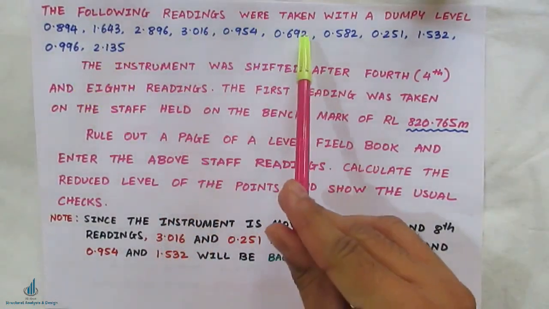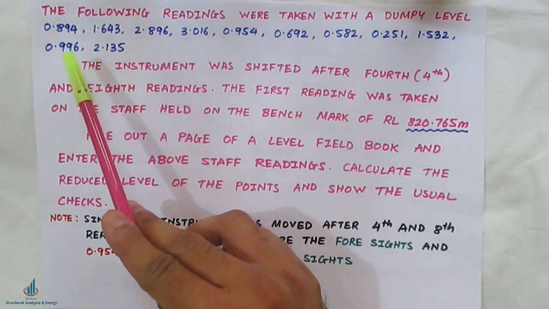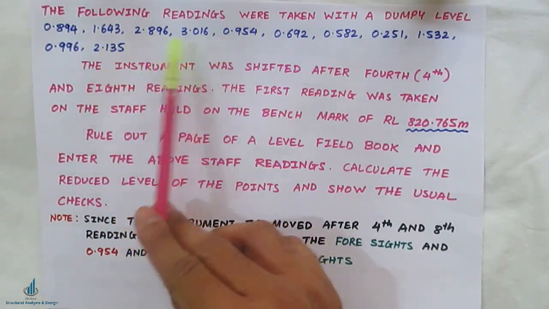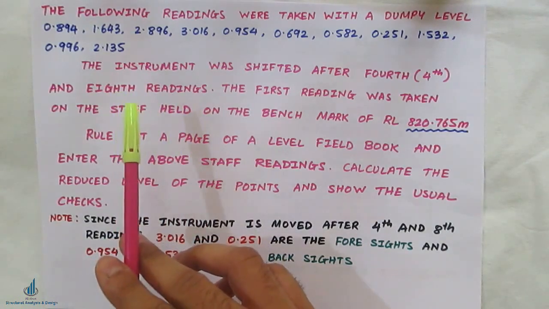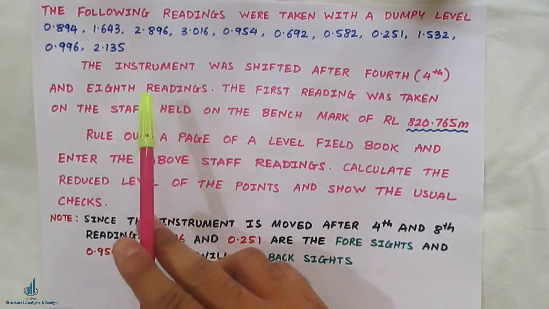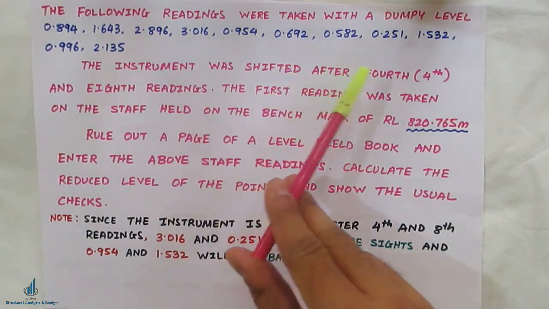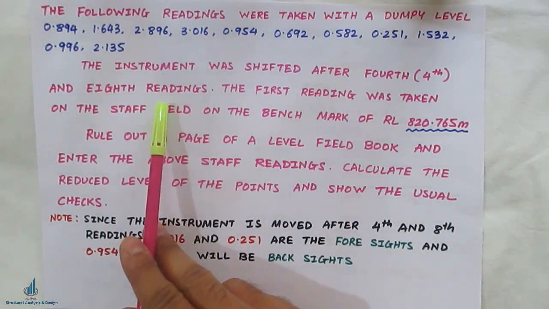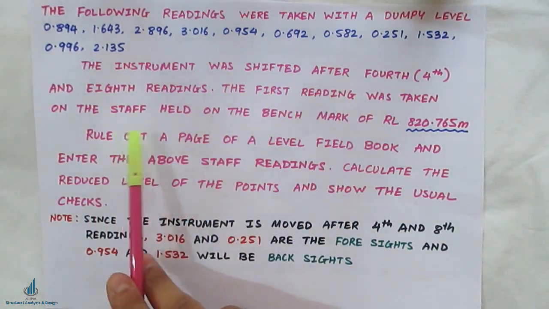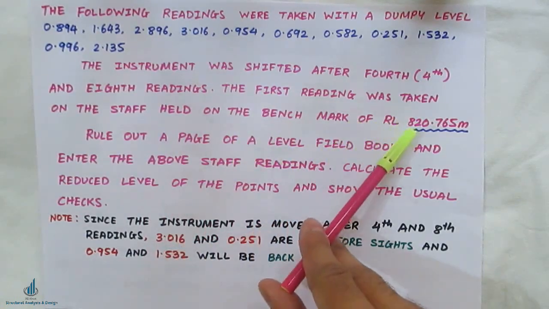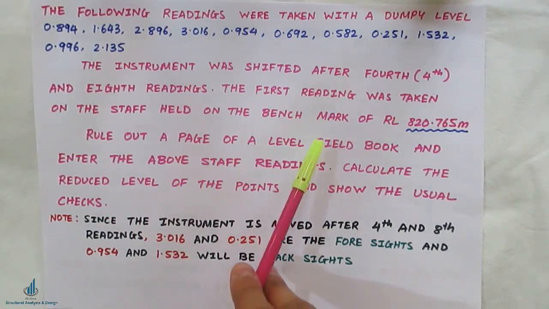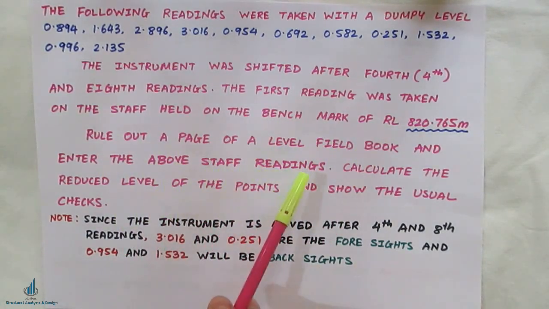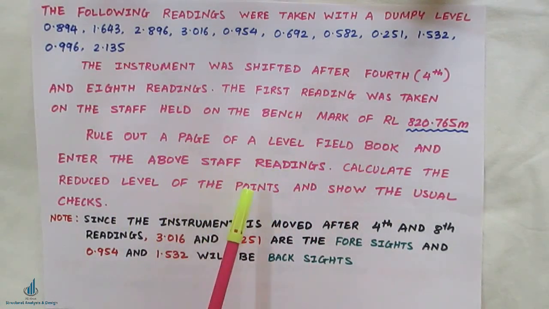The following readings were taken with a dumpy level: 0.894, 1.643, and so on. The readings have been given, but in this problem they have mentioned where the instrument was shifted. The instrument was shifted after the 4th and 8th readings. The first reading was taken on the staff held on the benchmark of RL 820.765 meters. Rule out a page of a level field book and enter the above staff readings. Calculate the reduced level of the points and show the usual checks.